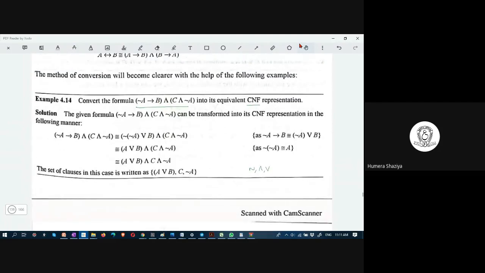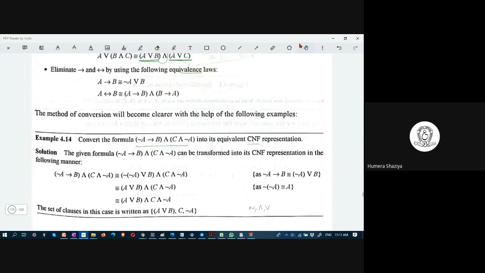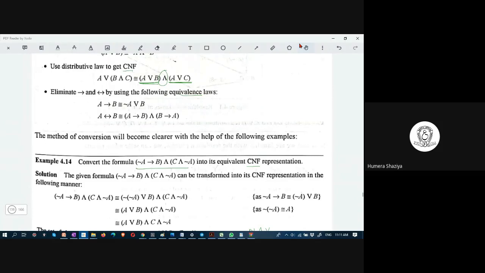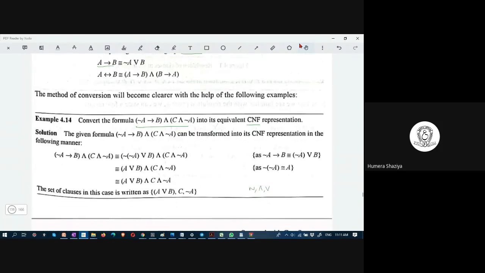How can this be written? A implies B is equal to not A or B. So not A or B. Not A implies B is written as not A or B. That is the application of the first rule, implies.